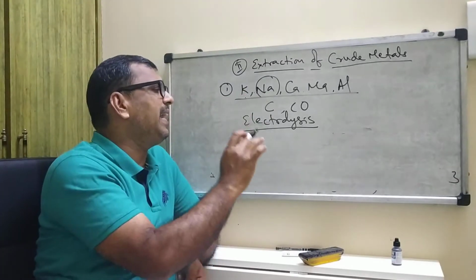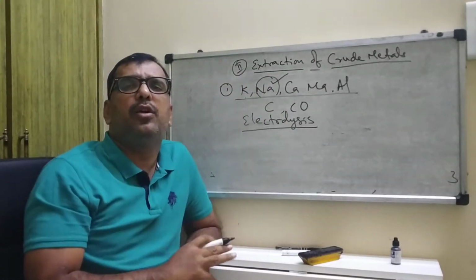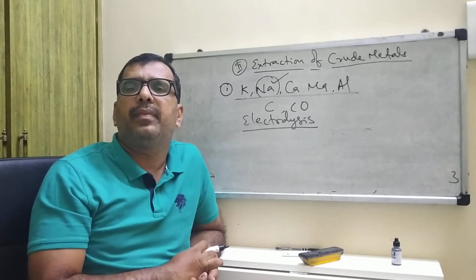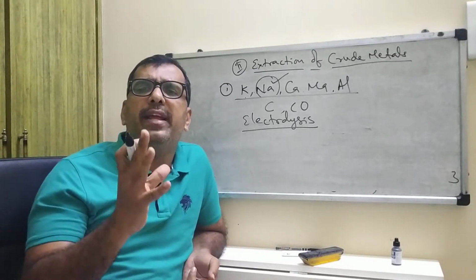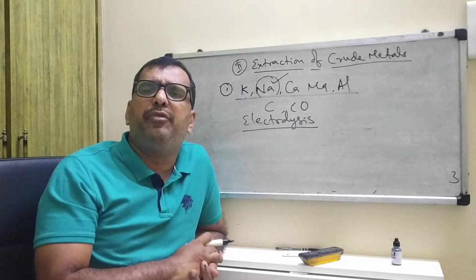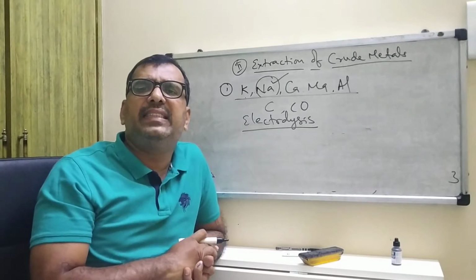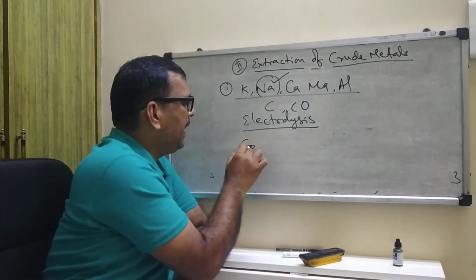Let us take one metal and see how to extract it. Take sodium chloride, salt. For example, sodium from NaCl: fused NaCl is electrolyzed with a steel cathode.